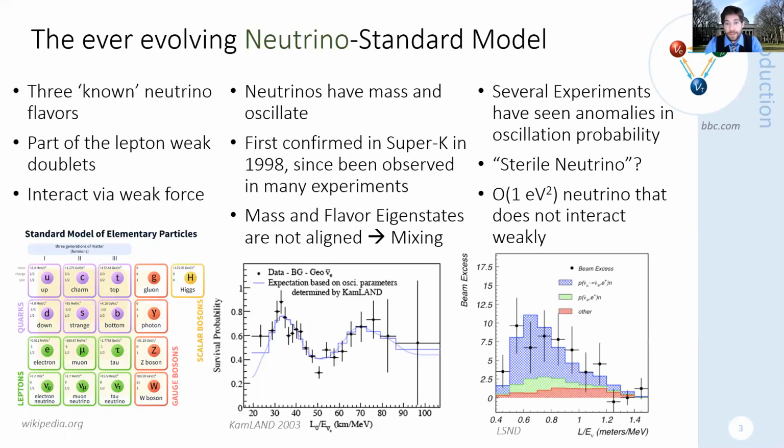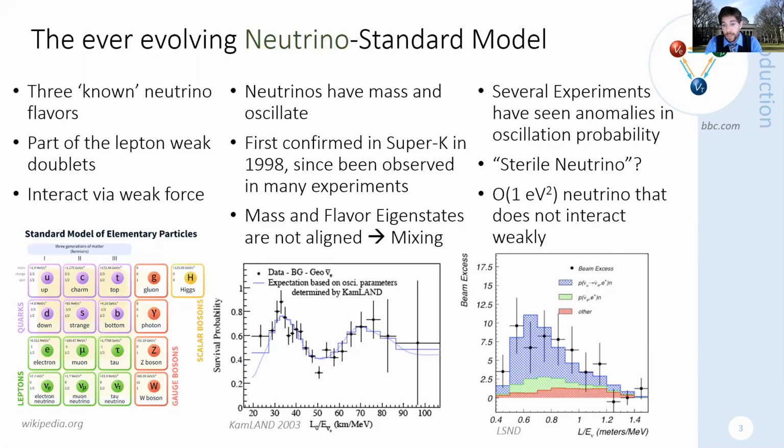Now, since then, even more interestingly, several experiments have seen anomalies in this oscillation probability. One of them is, for example, the LSND experiment. And here you can see the background and prediction in red and green. And then in black, the data points for short baseline. And in blue, you can see a possible explanation for this excess.